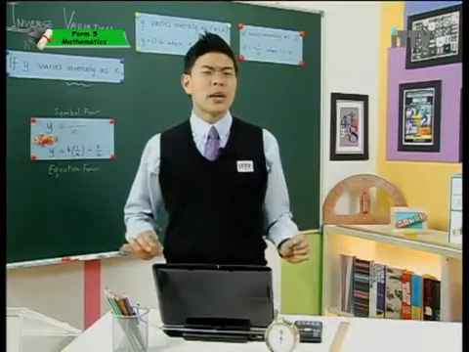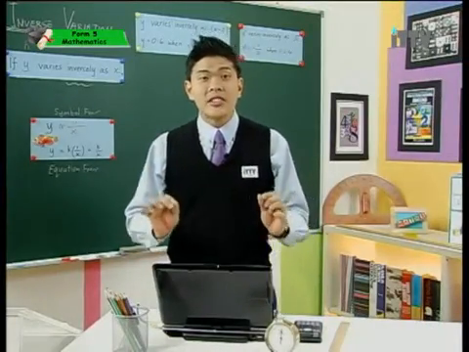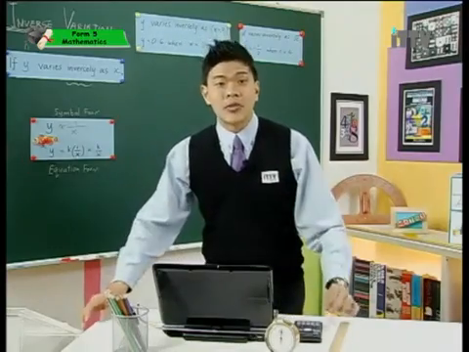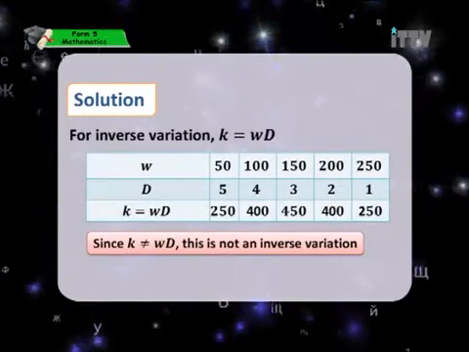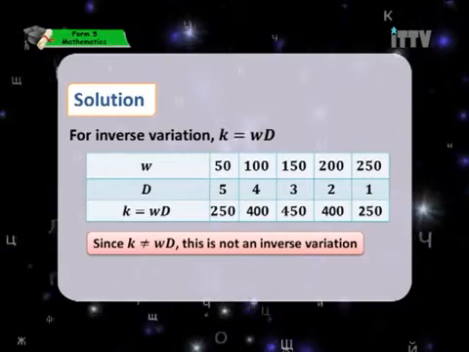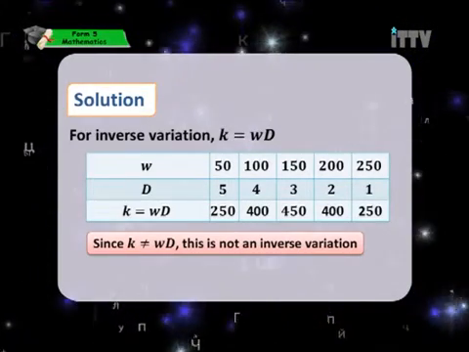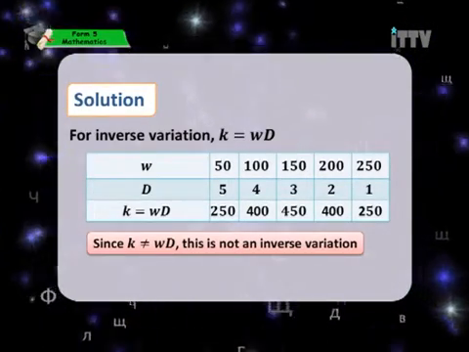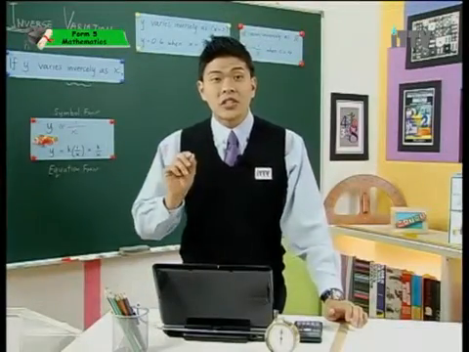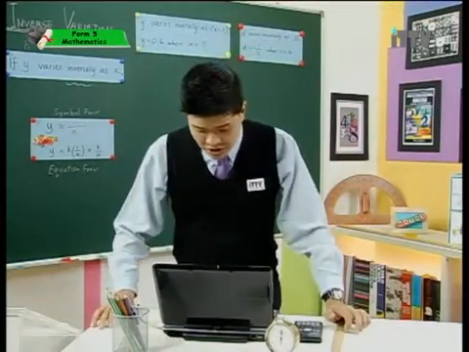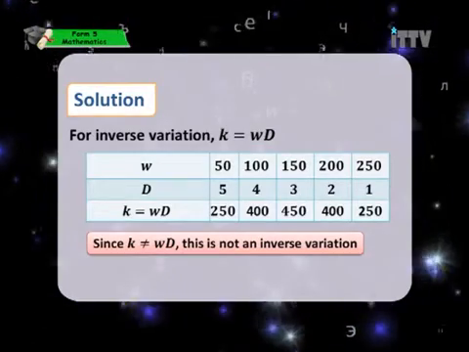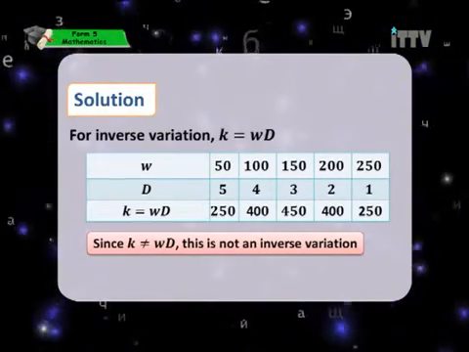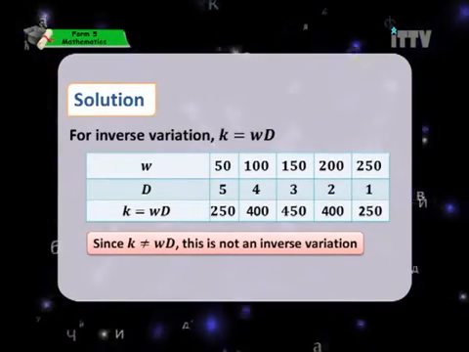So for inverse variation, k equals WD. This is an equation that is formed from the equation form of the inverse variation. So add one extra row, k, which is the product of W and D, and find the product.